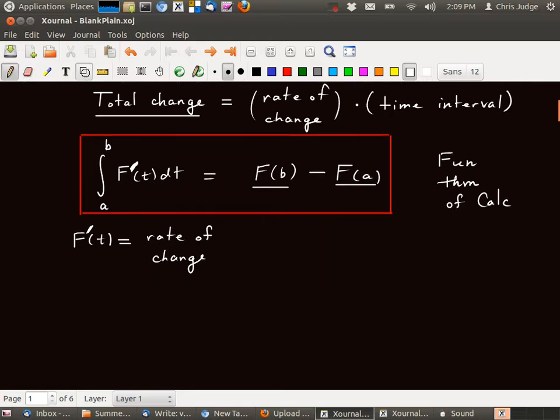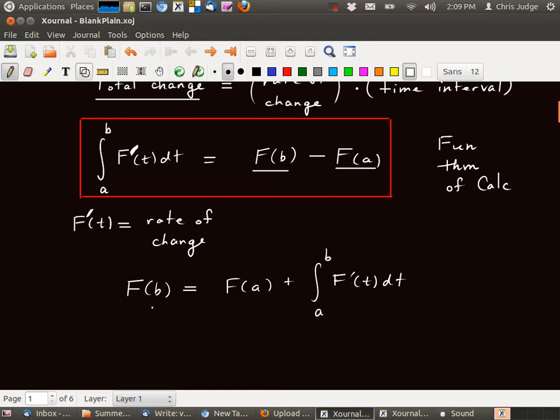So for example, if you want to know f of b, you can rewrite this formula as f of b is equal to f of a, I bring the f of a to the other side, plus the integral from a to b of f prime of t dt. So that's one variation on this theme, which tells you if you know f of a and you know the definite integral, then you can figure out what f of b is.